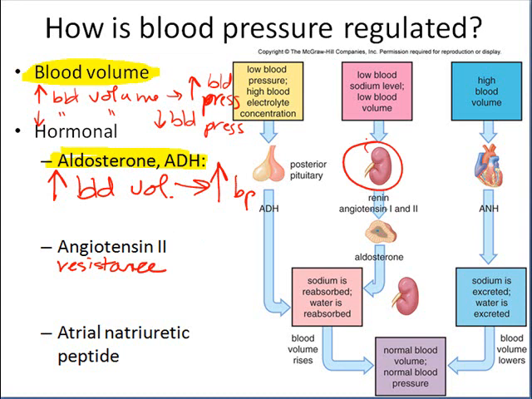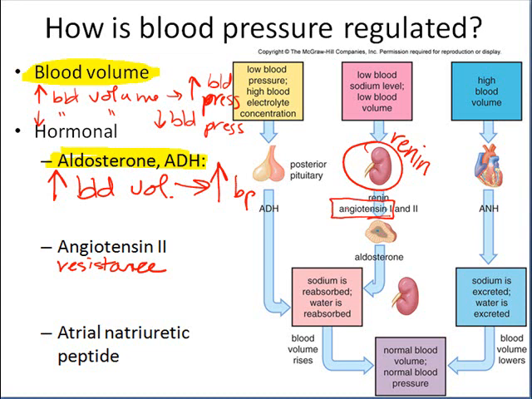And if they notice, for example, that pressure in the kidneys is dropping, they will begin to secrete a hormone called renin. That renin enters into the blood and it interacts with a precursor molecule called angiotensinogen. And when renin encounters angiotensinogen, it alters the angiotensinogen by cutting it up. And when it cuts it up, it creates an active form of a hormone called angiotensin I.